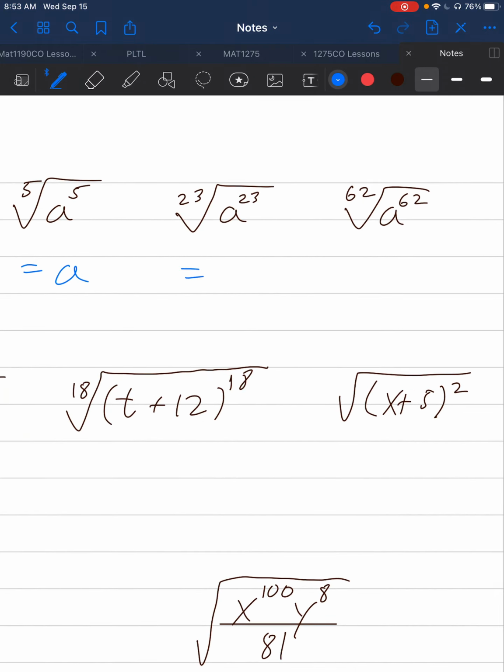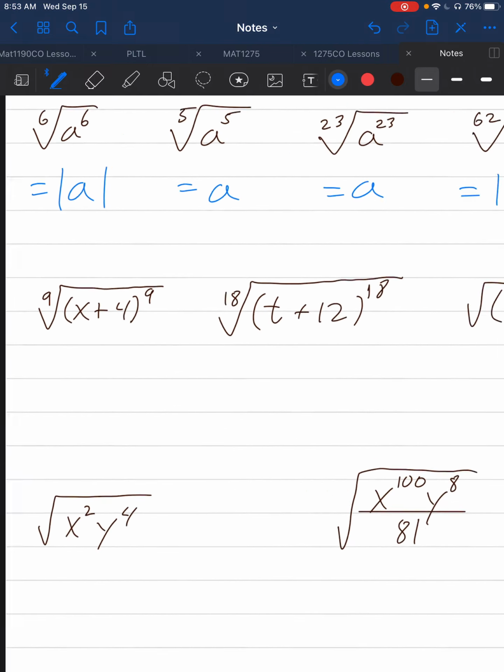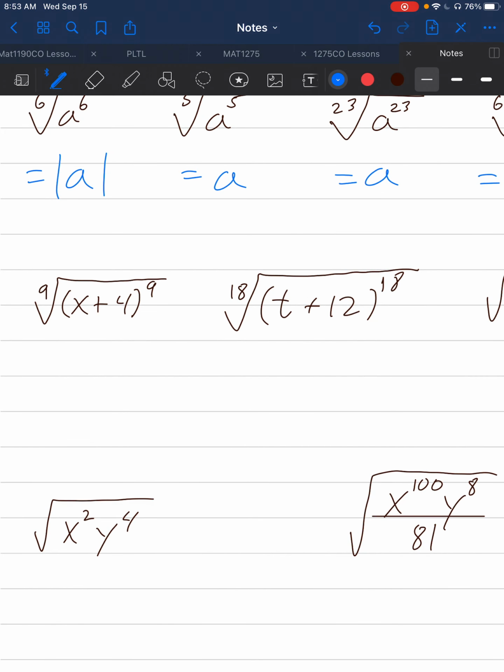A to the 23rd is equal to a to the 62nd root of that. 62 is an even number, so we get the absolute value of a. And the same thing is going to hold true for any kinds of variables here, right? As long as the exponent and index are the same, then we have our expression to the first power.